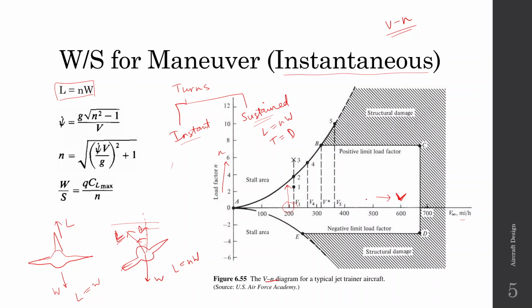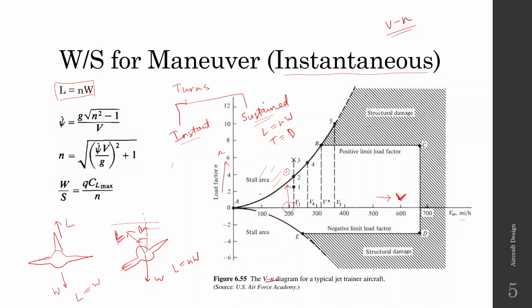Now in this VN diagram you will see that the curve is almost like a parabola. Above this parabola we have a stall area. So if at 200 miles per hour we want to turn at load factor 4, then the angle of attack will be so much that it will stall the wings.